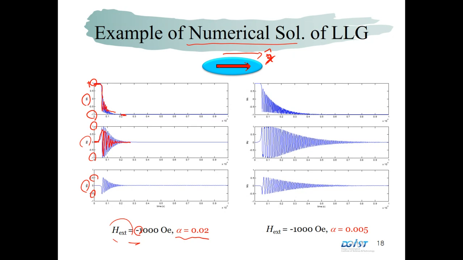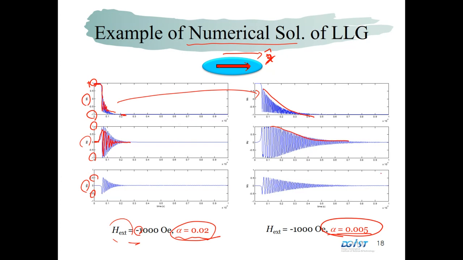In the right panel, we use a different damping constant, which is much smaller, 0.005. The overall physics is quite similar, but the difference is the damping time.